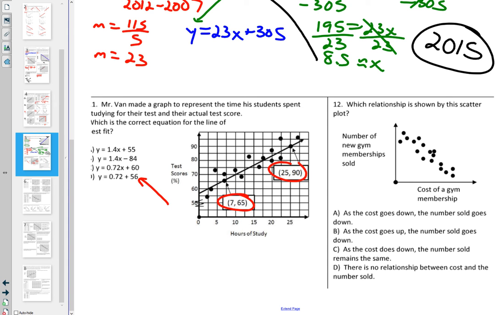But just to be sure, let's calculate slope. 65 minus 90 over 7 minus 25 is negative 25 over negative 18. I'm guessing that's going to give me 0.72. It does not.